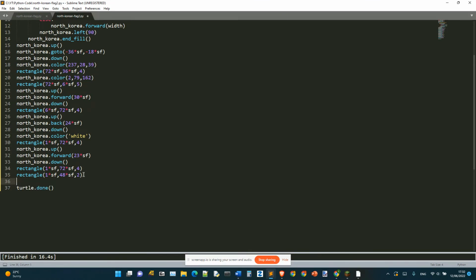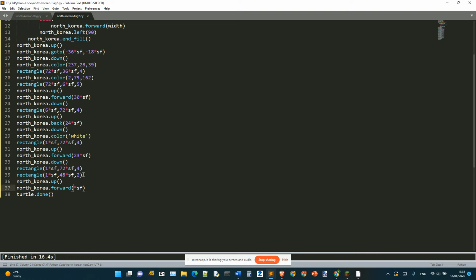So North Korea dot up, North Korea dot forward. How many pixels? The dimensions is 5 times, so not 5, so that's 6 for the left, and the radius of a circle is 8, so the diameter is 16.